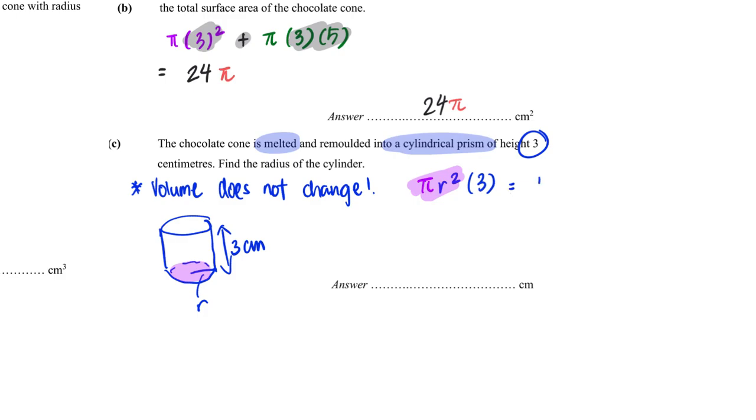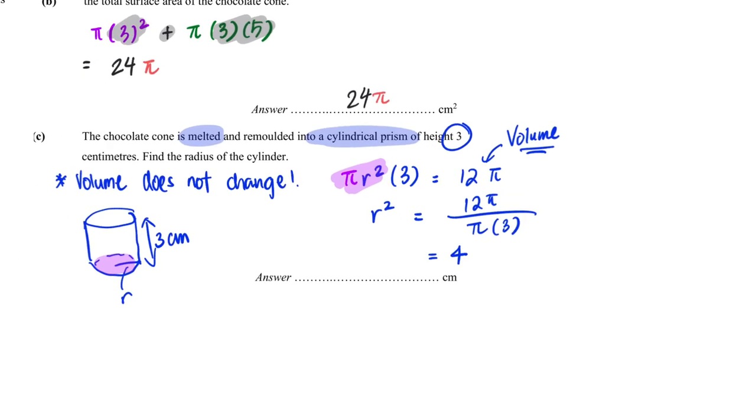This is equals to 12 pi. Because volume does not change, same volume, 12 pi. Okay, so I'm going to apply my algebraic skills. I will have 12 pi dividing by pi and dividing by my 3. This will give me 4. And therefore, my r is the square root of 4, 2.